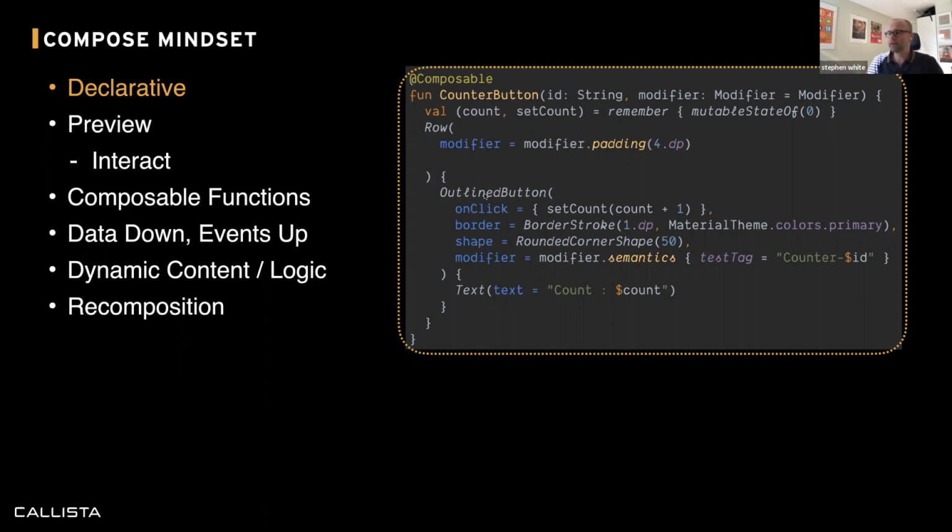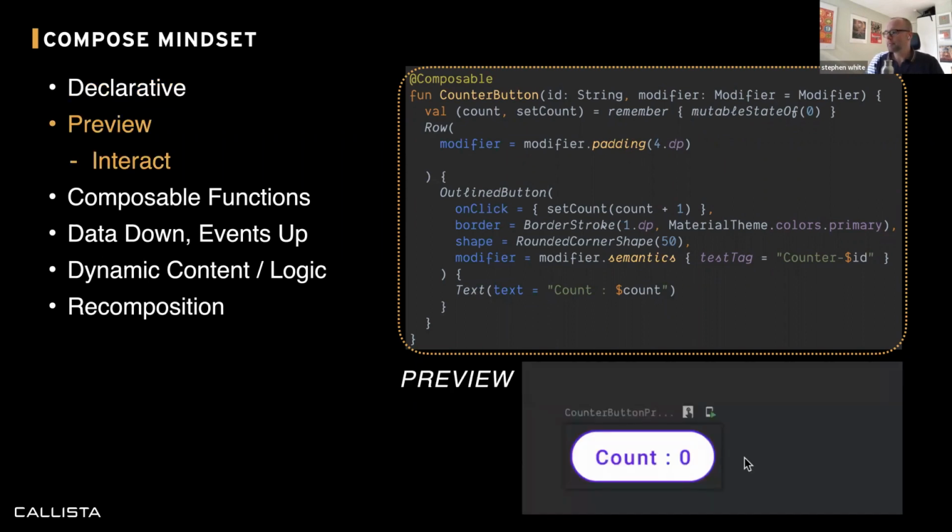And you can see that we have some properties on the outline button, the on-click event. We have some border, shape, and then we pass in the modifier. And then obviously this can compose other composables. So this text composable is another composable. So we're composing composables, and so on and so on.